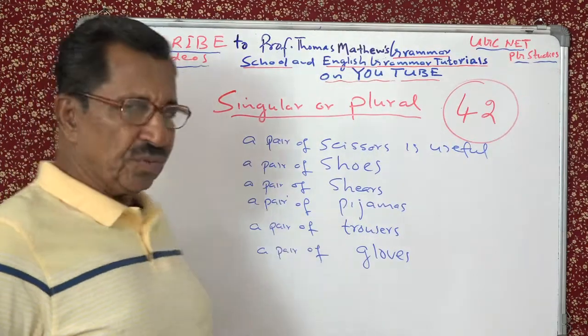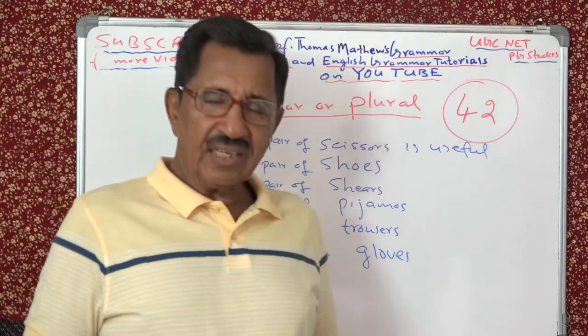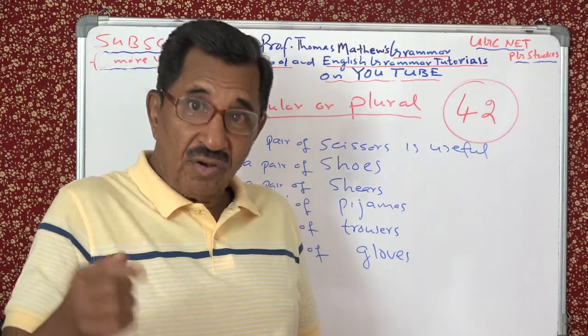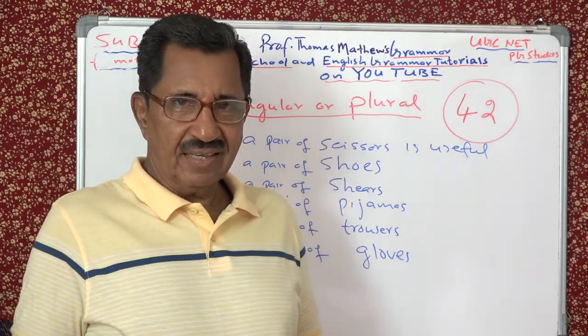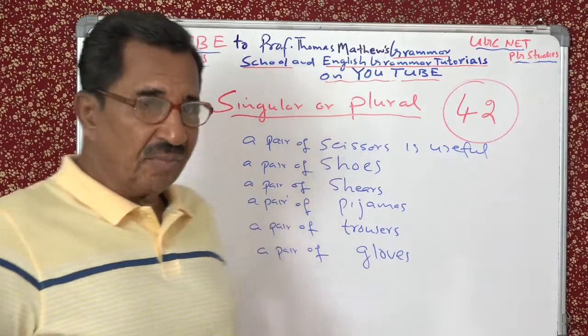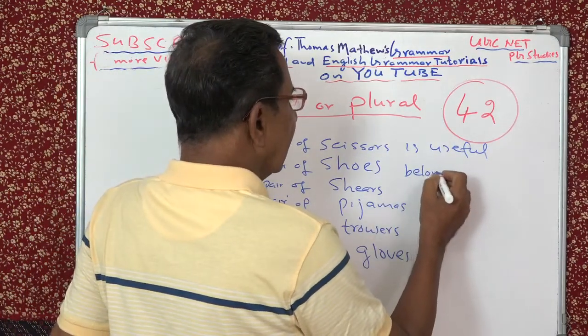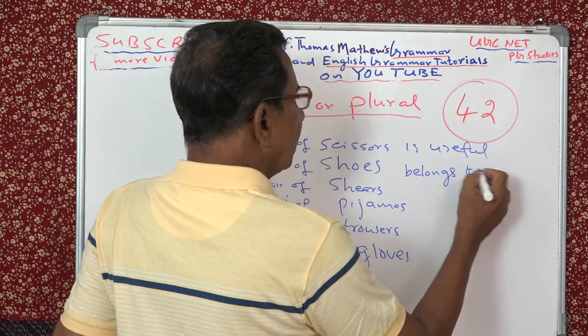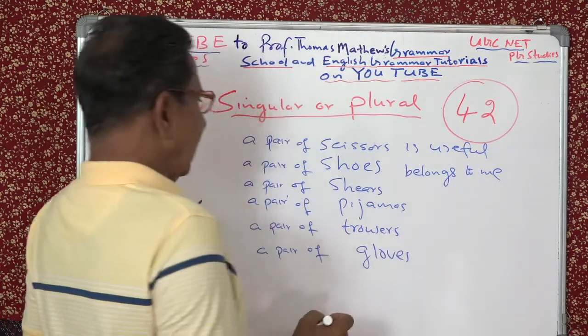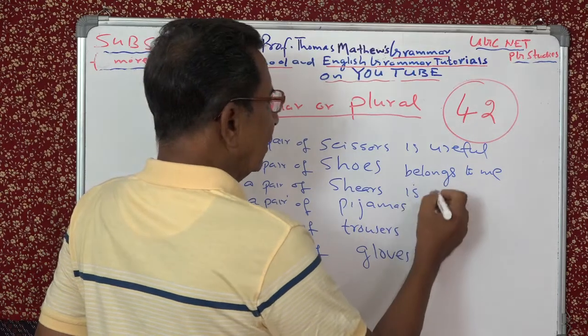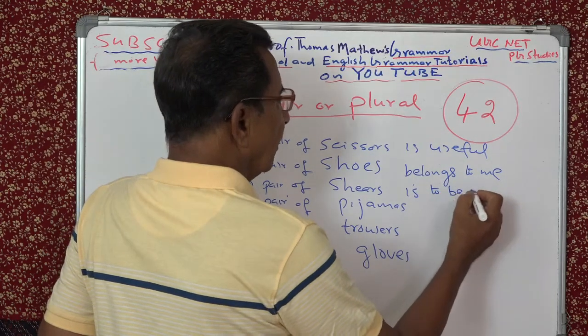A pair of shoes. See, say, a pair of shoes belongs to me, not belong, then that will be plural. So a pair of shoes belongs to me. That's it. A pair of shears is to be bought.